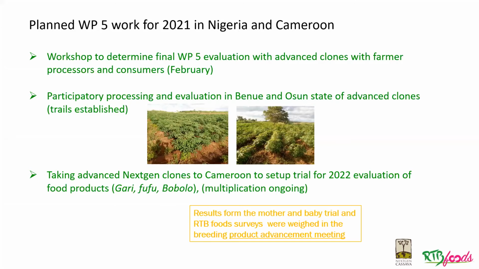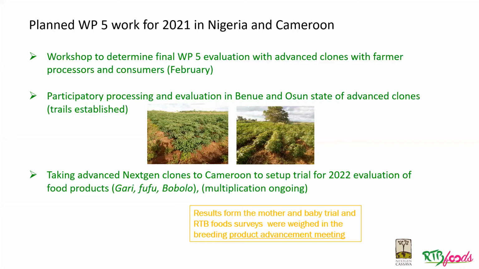At this moment, we have already prepared trials in 2 states to do processing evaluation with farmer processors and do consumer testing as well. So those trials are established in 2 states, and then we are also multiplying clones to bring to Cameroon. And all these clones are the outcome of the product advancement meeting.